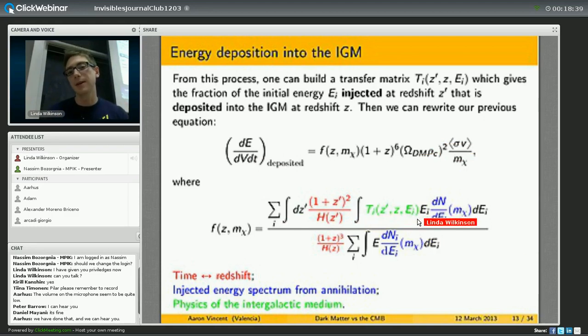And this function T_i is the thing that encodes all of the physics of the intergalactic medium. And so you integrate over all redshifts of injection, dz prime, and over all energies to get the efficiency of deposited energy at a redshift z, considering this expression.